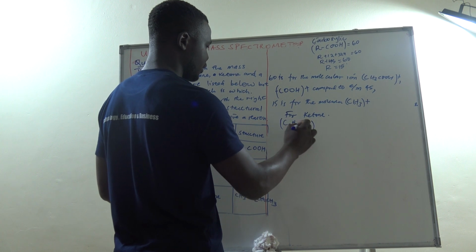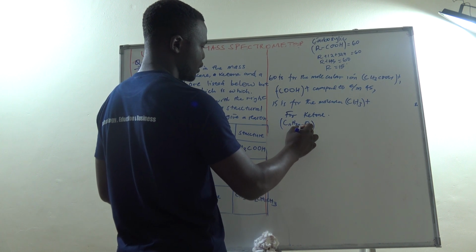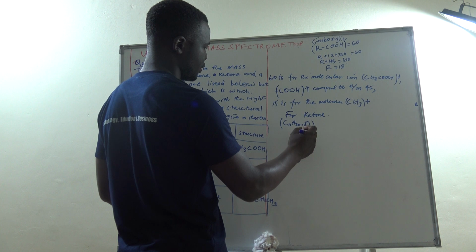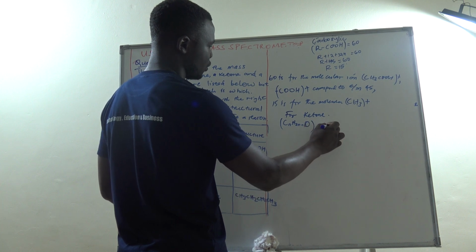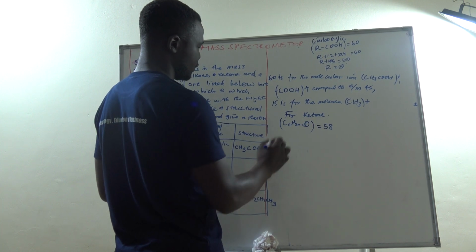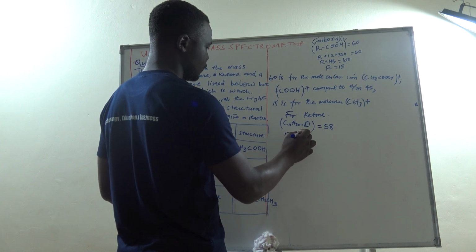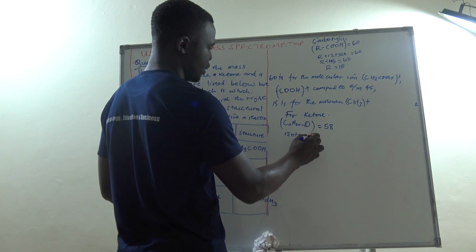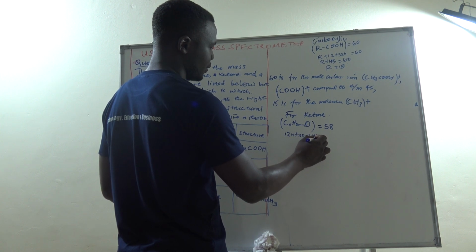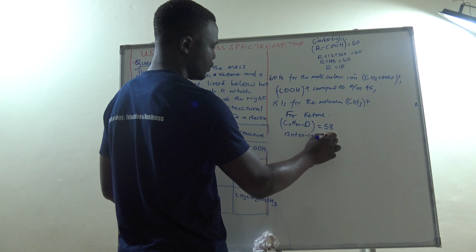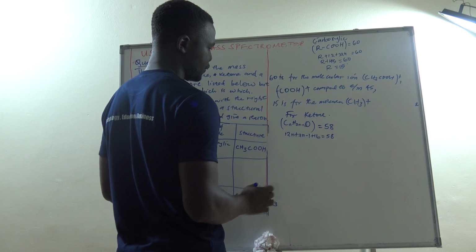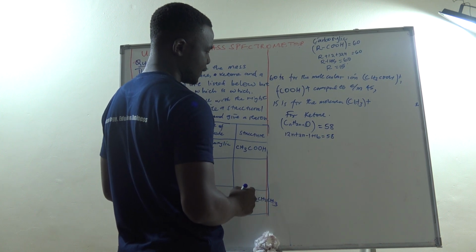Now if we analyze this, this should be equal to 58. So this is 12n plus 2n minus 1 plus 16 equal to 58.